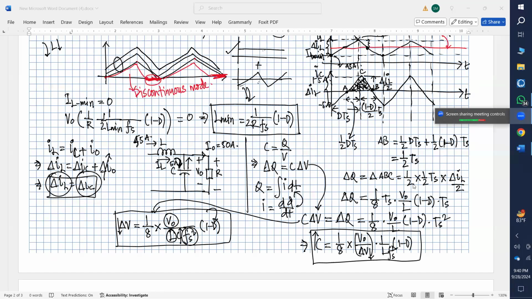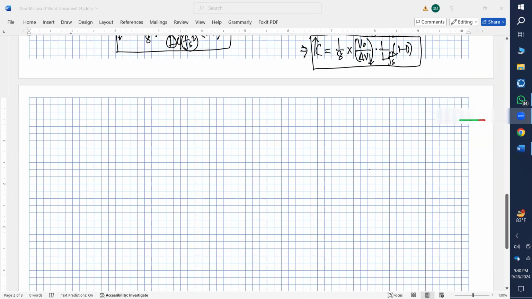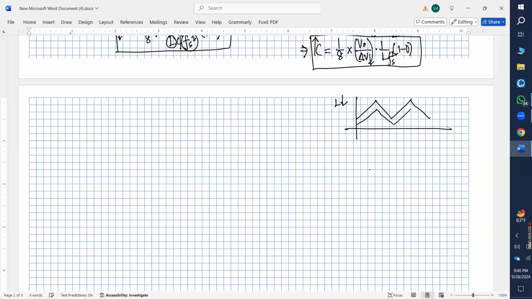Sir, can you please repeat why did we take del I not equal to 0? It's in the left side of the screen. Okay, what we said is that suppose you have a current like this. If you decrease the L value, what will happen? This current will be shifted downwards.